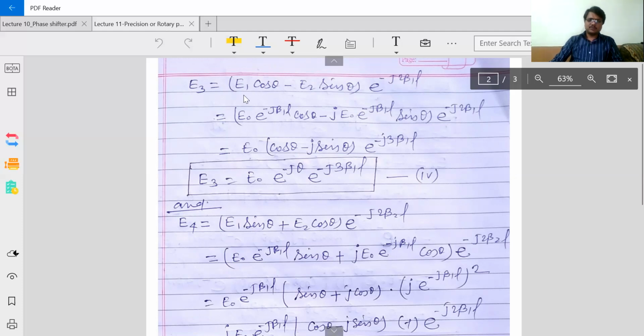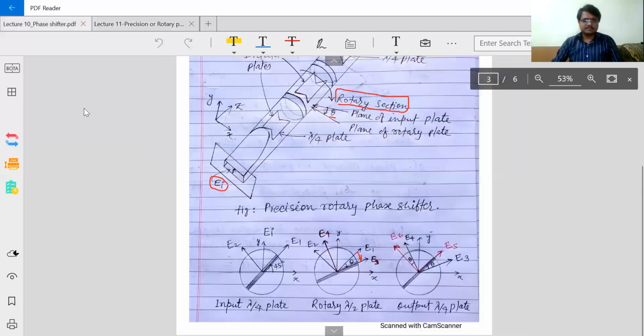So put the value of E1. What is E1? E1 is E naught e to the power minus j beta 1 L. And what is E2?